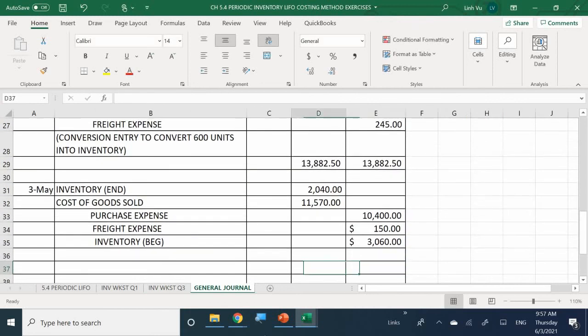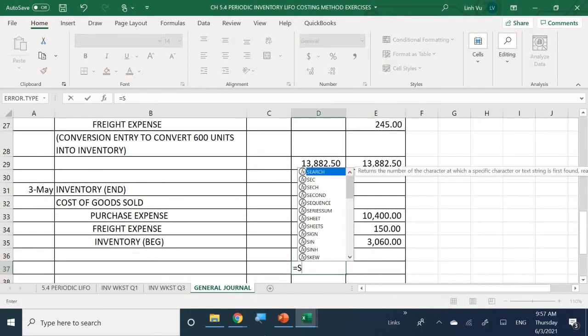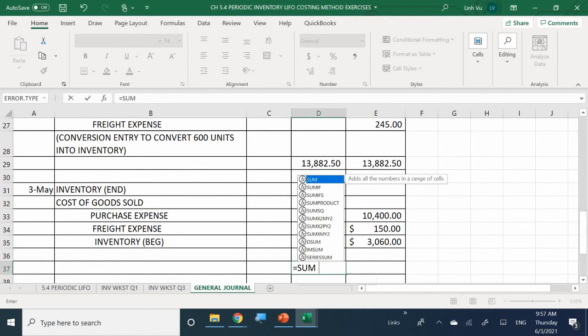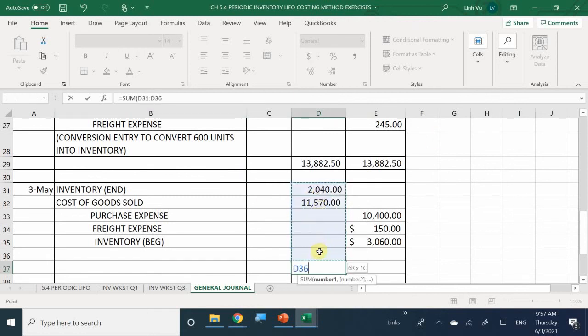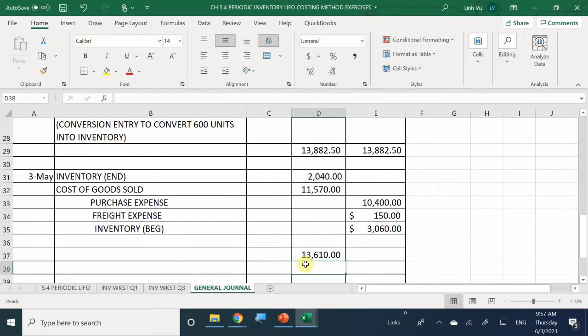Once again, before I move forward, I'm going to double check to make sure my total debits match my total credits. I have 13,610 on one side and 13,610 on the other side.